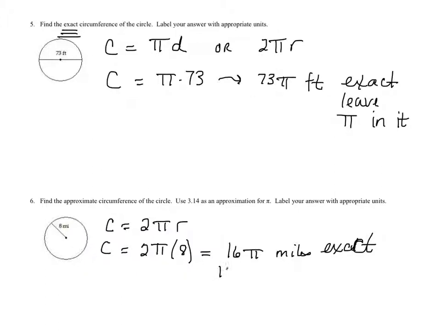So it's going to be 16 times 3.14. That is the approximate circumference. Notice how I did the little cute squiggly equal sign. I'm tapping my calculator here. So it's going to equal, the circumference is going to approximately equal 50.24 miles.